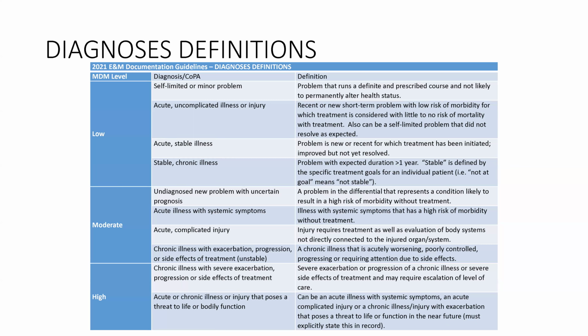It could be acute stable too. I agree, but it's resolved. By definition, that one said not yet resolved. You didn't initiate a... I think you could argue, to me, it's acute uncomplicated.